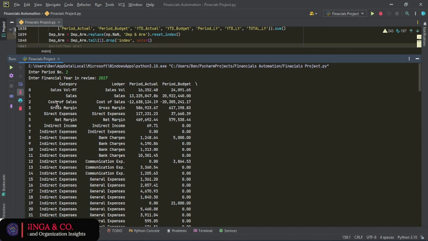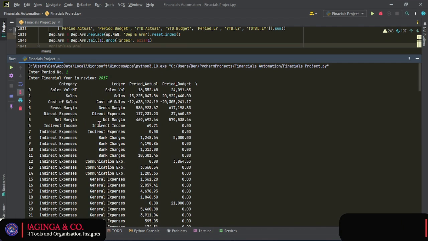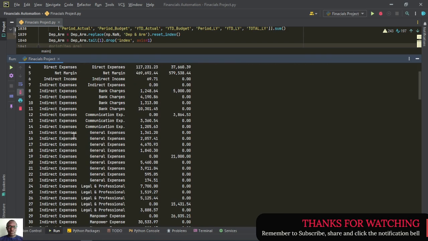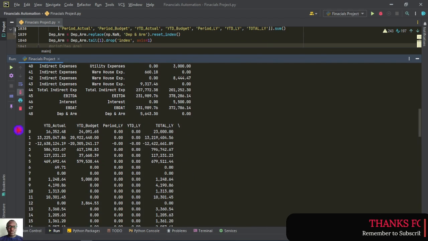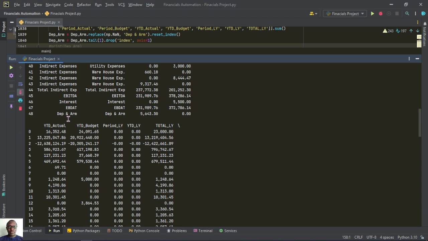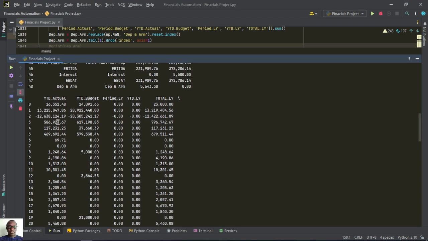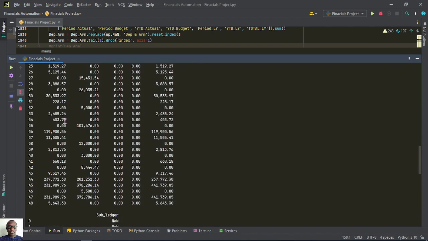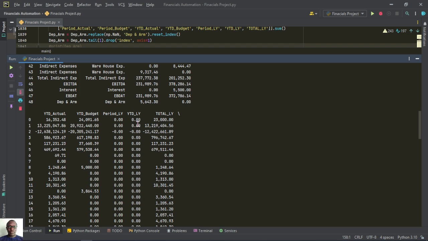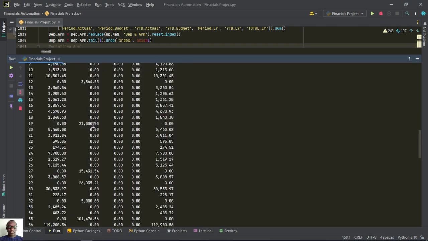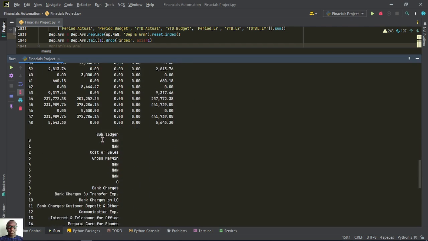We have sales volume, sales, cost of sales, gross margin, direct expenses, net margin, indirect income, and then down here now we have dep and amortization as the last row. Then we have these other columns for YTD, budget, period, YTD last year, YTD total last year, and then this is the one for the sub-ledger.